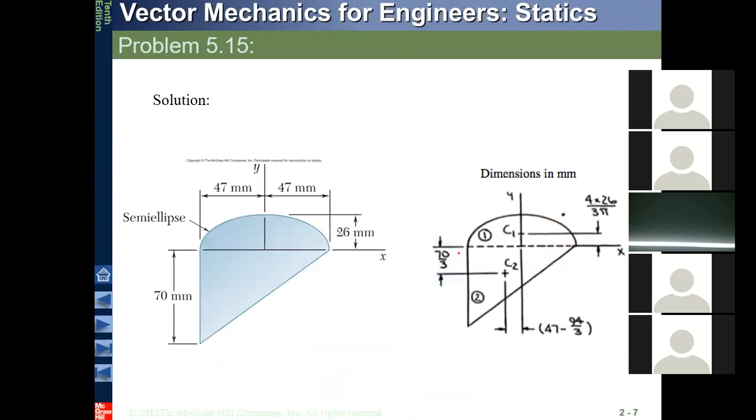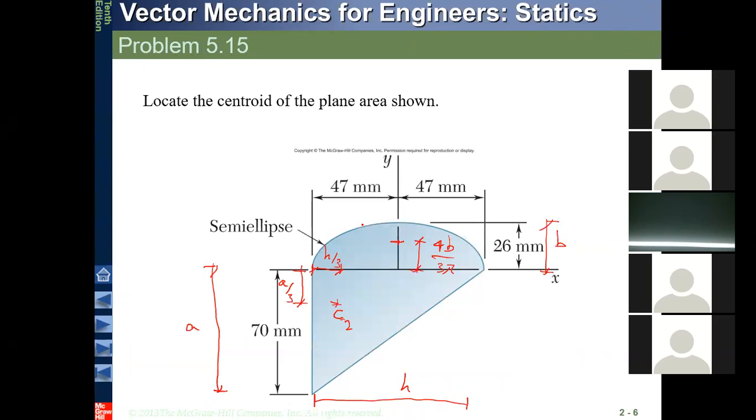Well, for this semi-ellipse, you know that the y-axis is the axis of symmetry. So the x bar is going to be 0. The centroid is going to lie on the y-axis because this is the axis of symmetry. And then by referring to that table, you can get y bar as 4b over 3 pi.